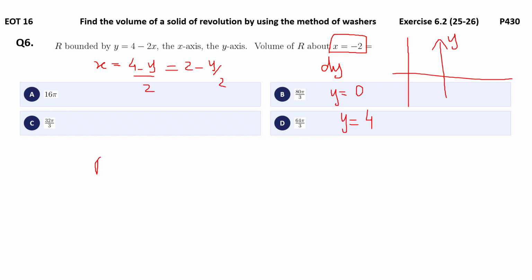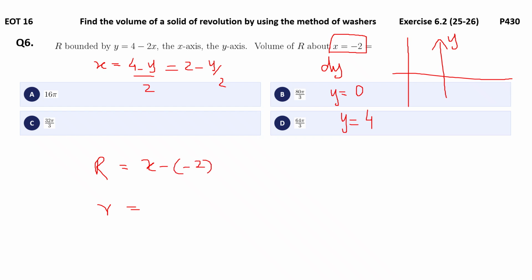Let us focus on finding our outer radius and inner radius. Since it's a negative number, our outer radius is nothing but x minus minus 2.